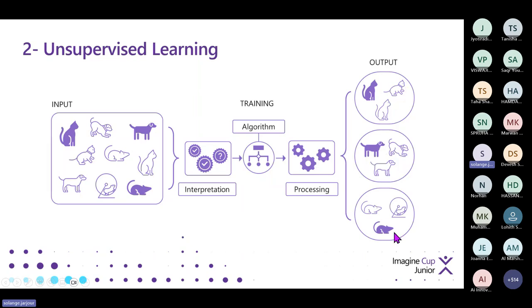So here, the difference is that the input is not labeled. I didn't give any clue to the machine about any of these images. I just threw the images at the machine, and based on the interpretation of the machine and the algorithm that the programmers are writing, the machine was able to classify the images into groups. Okay, so this is the second type.